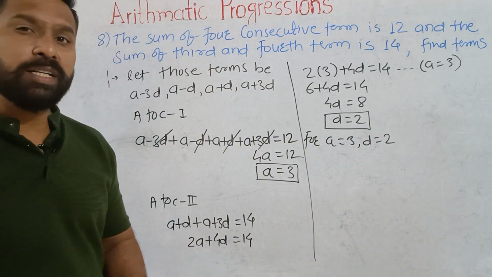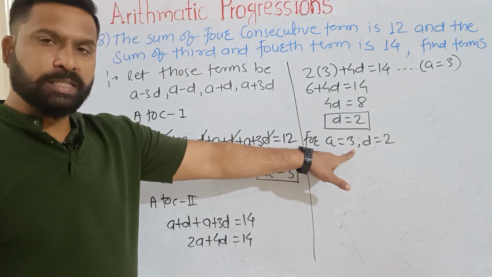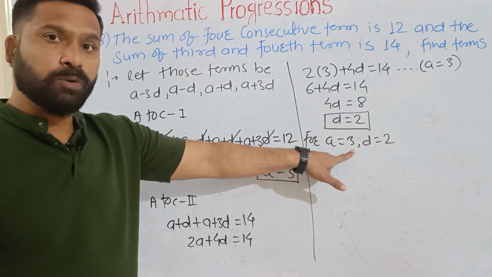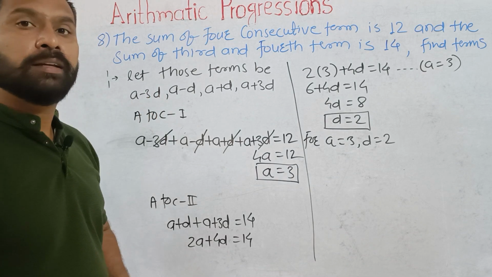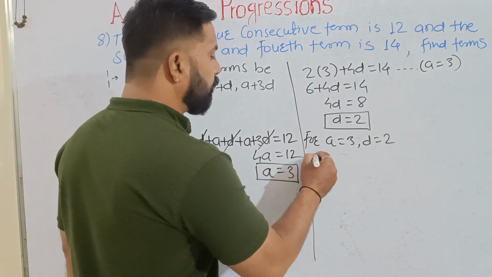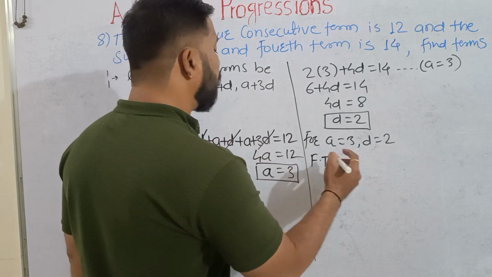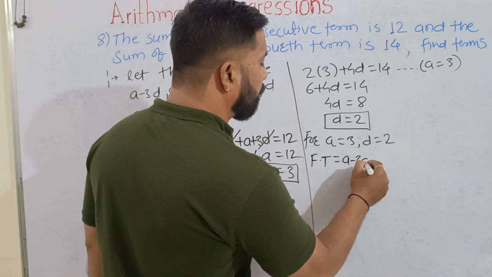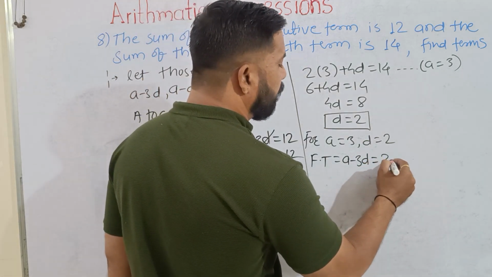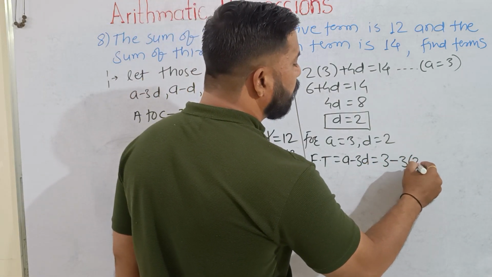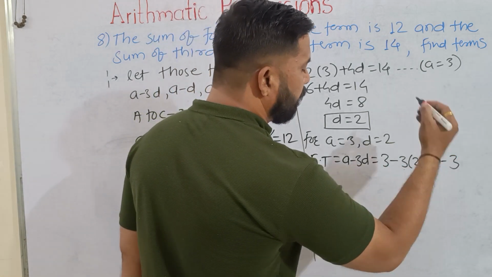Will you tell me what our first term is? Is it a? No. What is our first term? A minus 3d. So the first term, you have to write it properly: a minus 3d. Substitute the values: 3 minus 3 into 2, 3 minus 6 is minus 3.